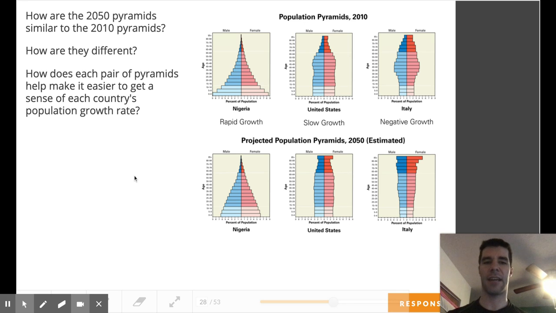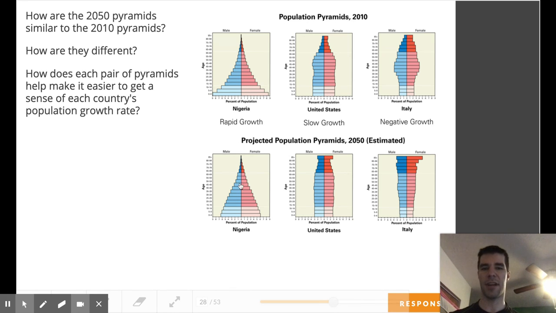Now, this next slide is pretty interesting. It shows for the three countries, which, if you guys remember, we did make these population pyramids in class. That was on the last day before the break. What they did here is they put down estimations of what the population would look like in the year 2050.